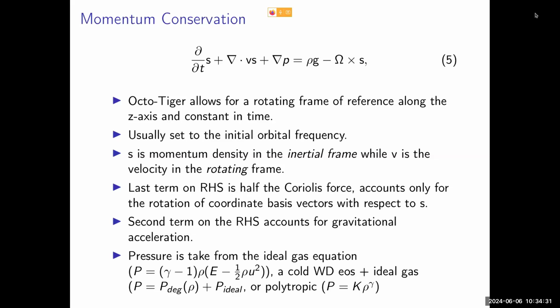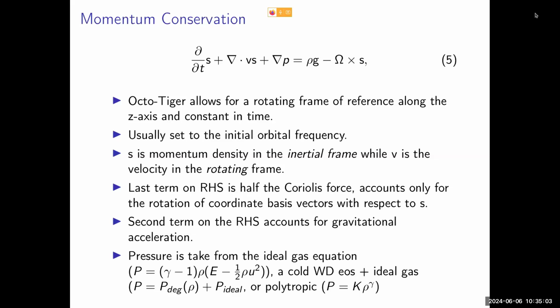It makes the evolution more accurate. We tried running it within the inertial frame, and stars wind up merging a lot quicker than they do in the rotating frame. So the momentum we're actually evolving with the inertial frame momentum, but the velocities are taken in the rotating frame. As a result, you wind up with just half of Coriolis force.